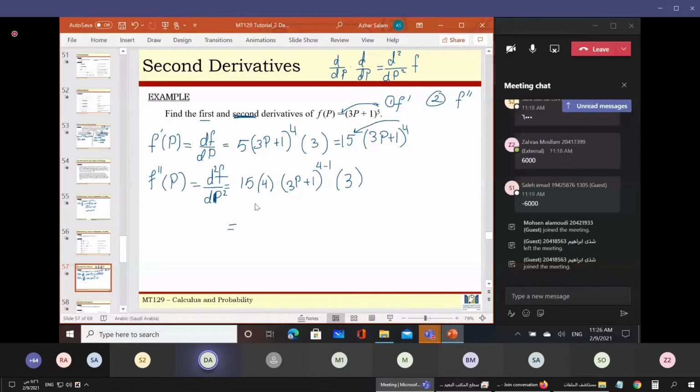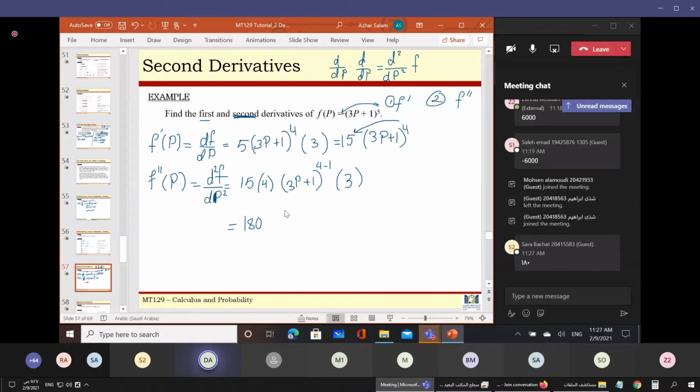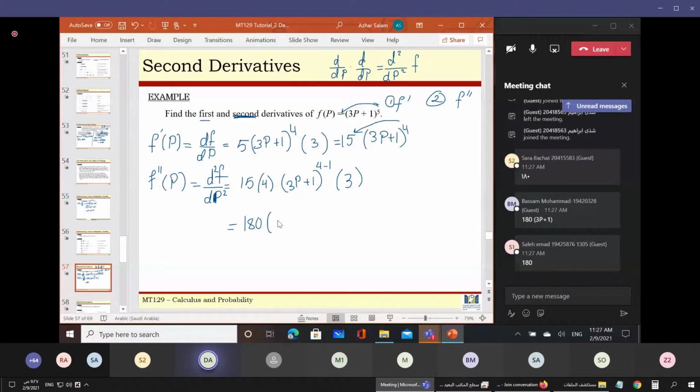Now I multiply these 3 numbers: 15 multiplied by 4 is 60. 60 multiplied by 3 is 180. Then multiplied by 3p plus 1 all to the power 3. This is the final result, the second derivative of this function. It's just computation.